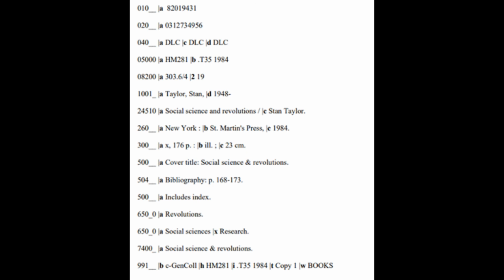Then we have there the preliminary pages in subfield code A, preliminary pages X or 10, then comma, space, 176 pages, wherein the word page has been abbreviated into letter P, then period, then space, colon, then subfield code B, illustration, abbreviated into IL, then period, then space, semicolon, and then the subfield code C, 23 cm, period, for the dimension of the item.